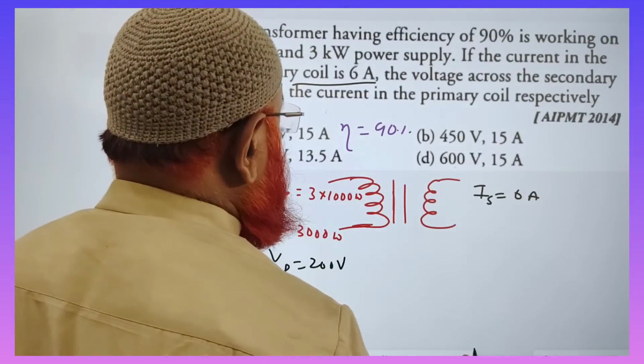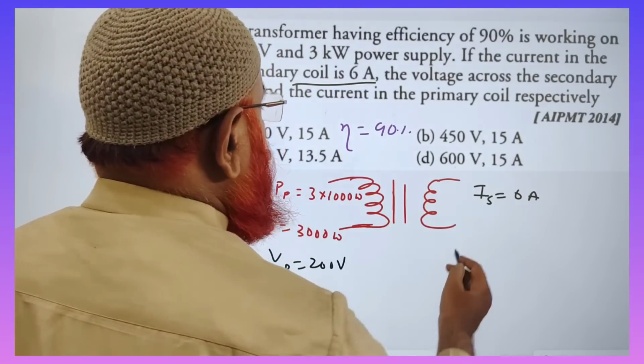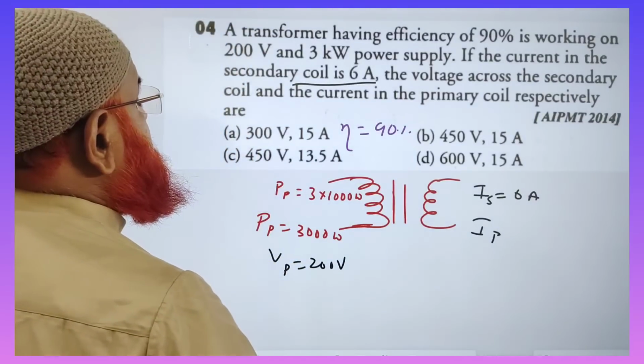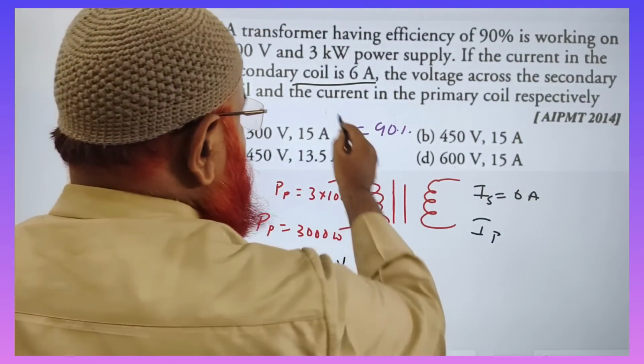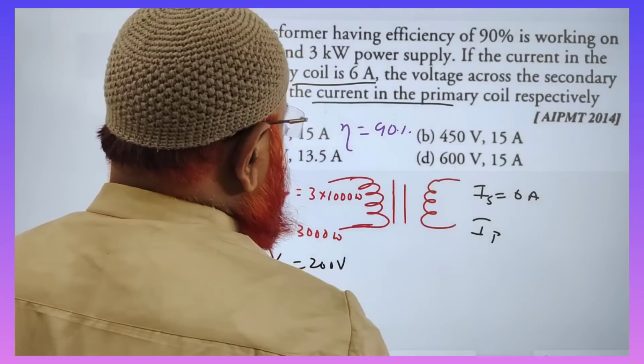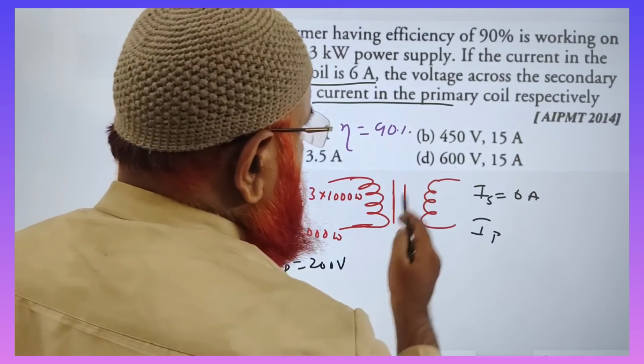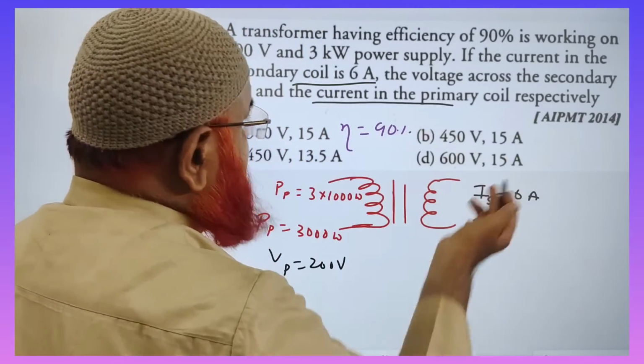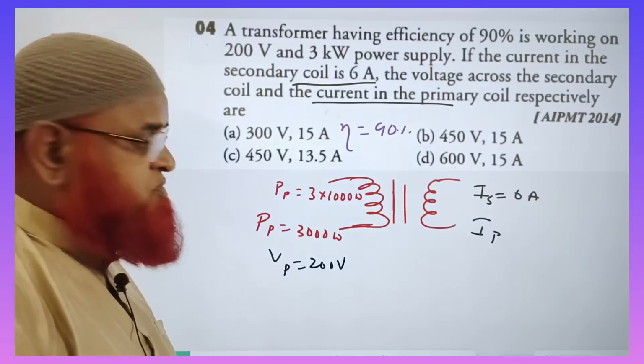What is it that we have to find out here? IP. First we have to find out the current in the primary coil. Voltage across the secondary coil we also have to find out. Two things we have to find out here.